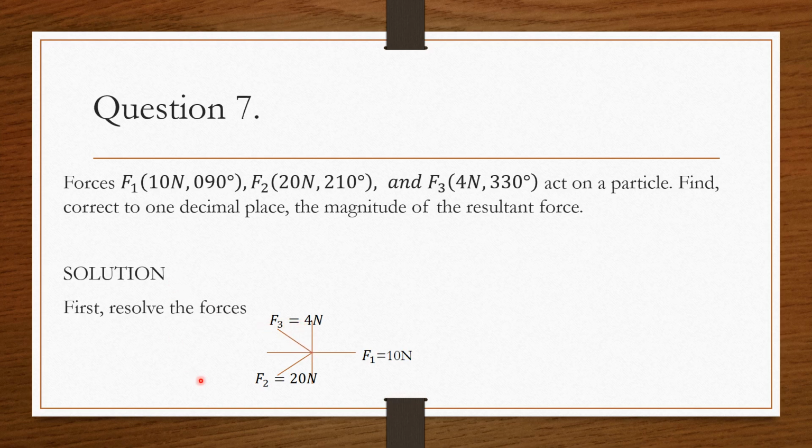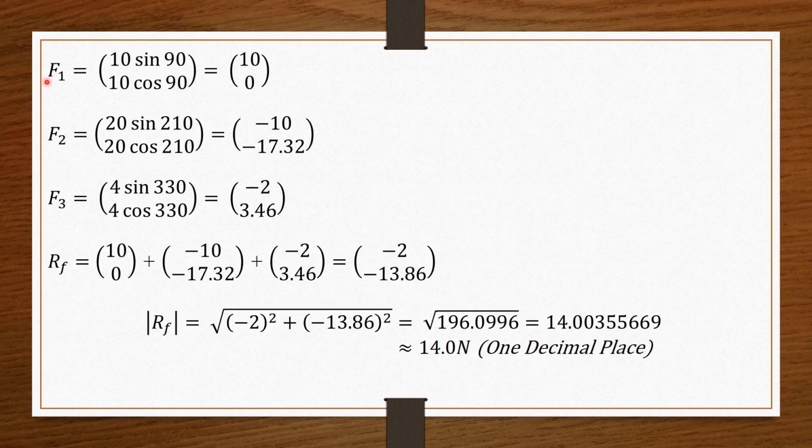So going further to resolving, so that we'll have our horizontal component and vertical component. This is what we will now do. Okay, so for F1 now I will have 10 sine 90 for the horizontal component, and then 10 cos 90 for the vertical component.